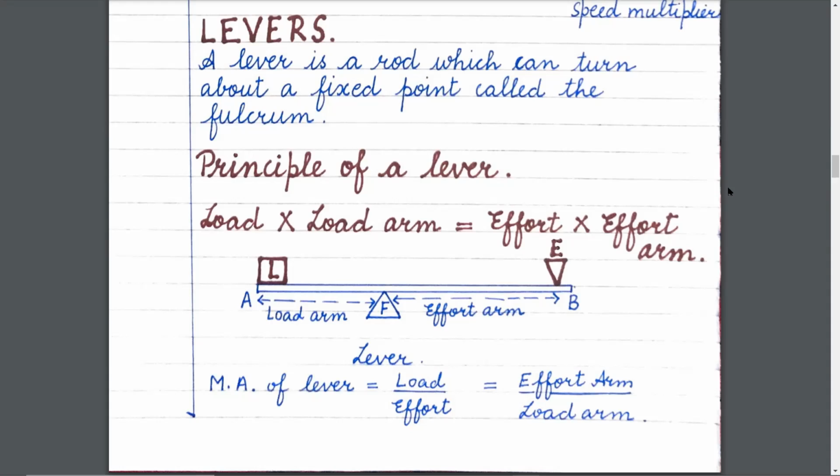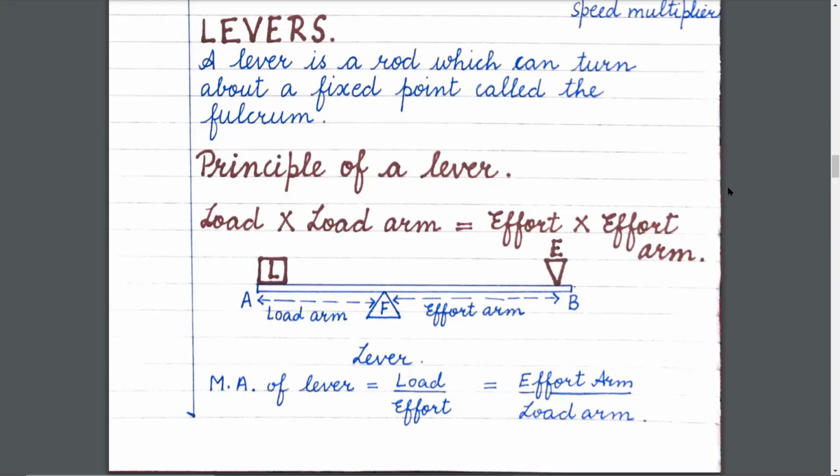Now, children, the figure shown has a rod AB which can turn about a point F. The rod AB behaves as a lever. The fulcrum of the lever is F.